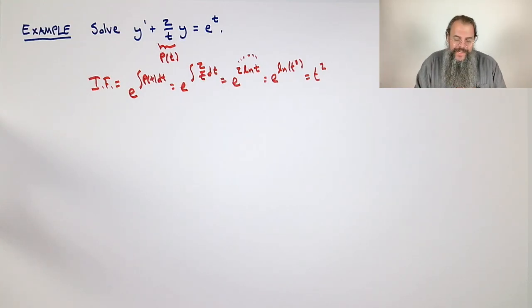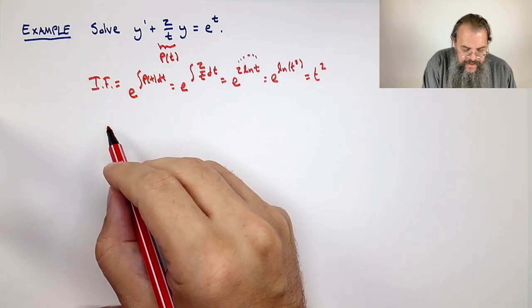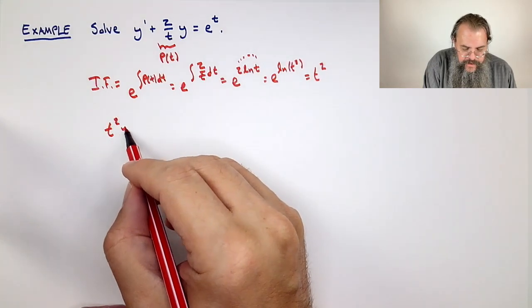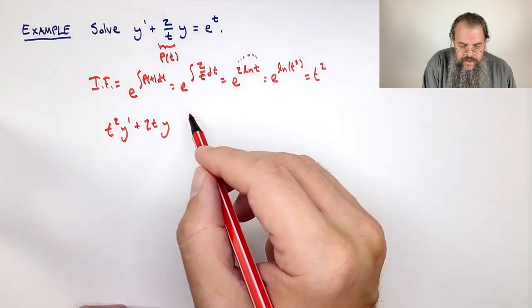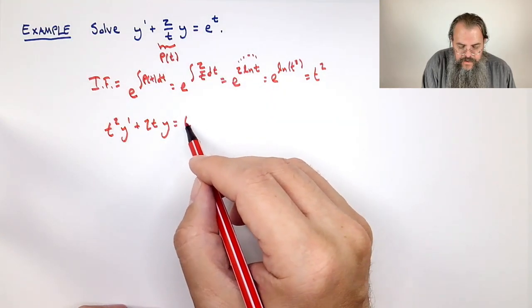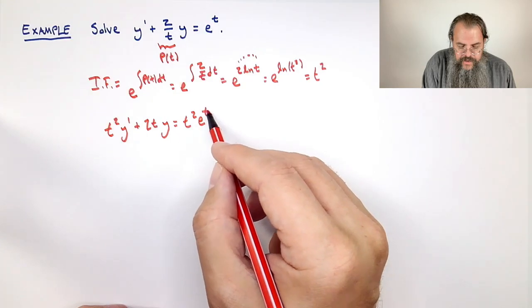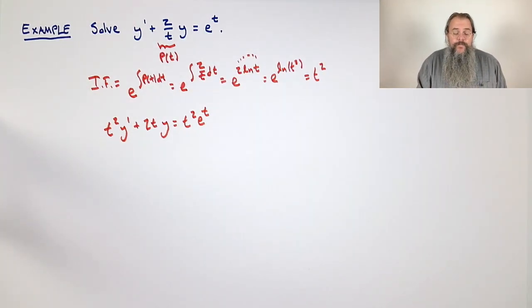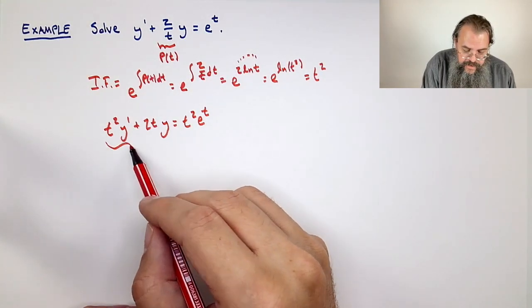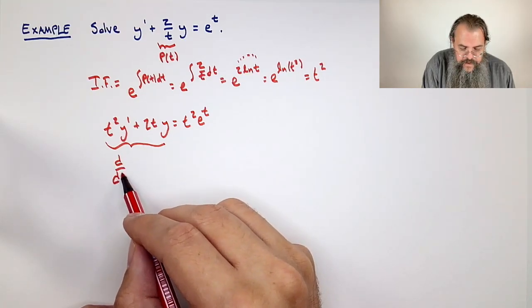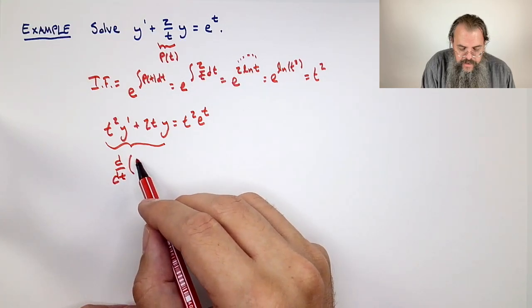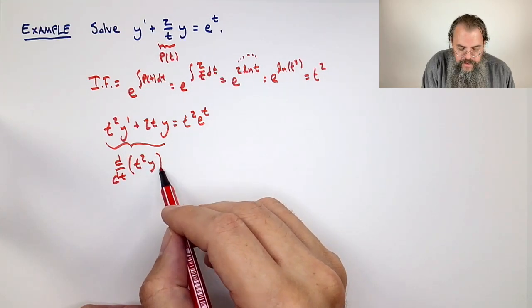Okay, great. So it's t squared. All right, that's our integrating factor. So we multiply everything by t squared, and we say, all right, t squared y prime plus 2t times y will equal t squared e to the t. And the left-hand side, well, that's not so bad. That's really the derivative with respect to t of t squared times y.